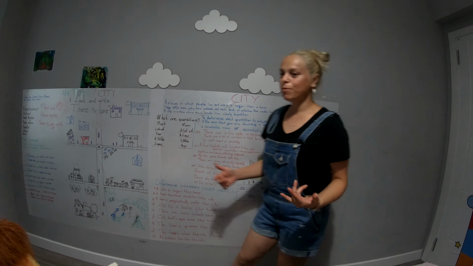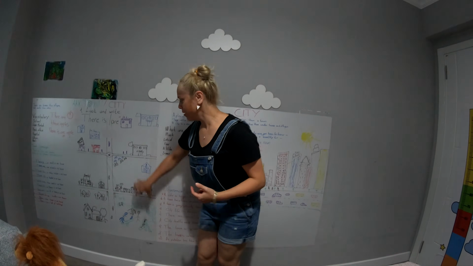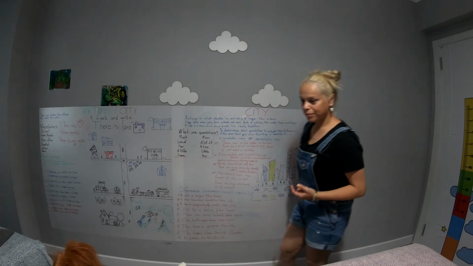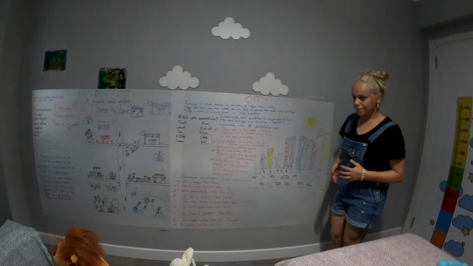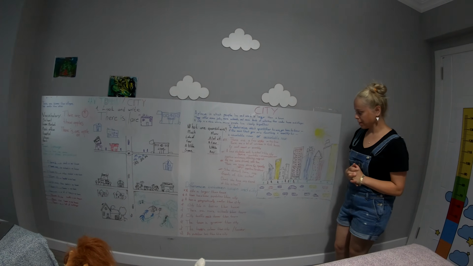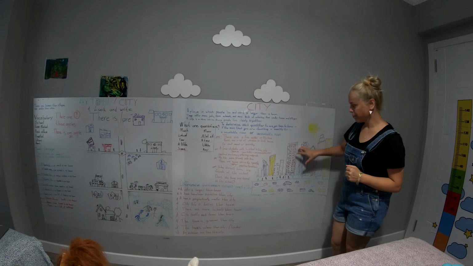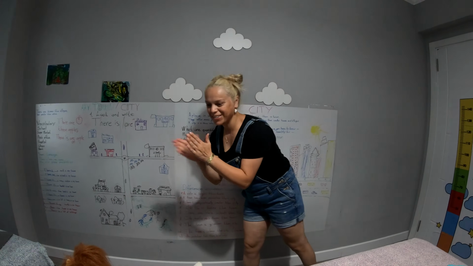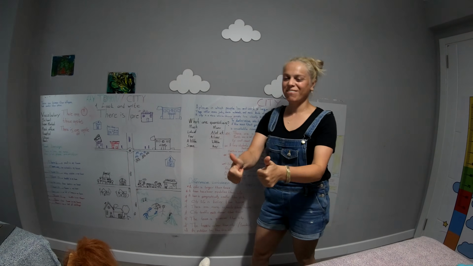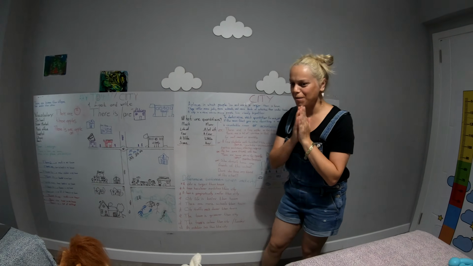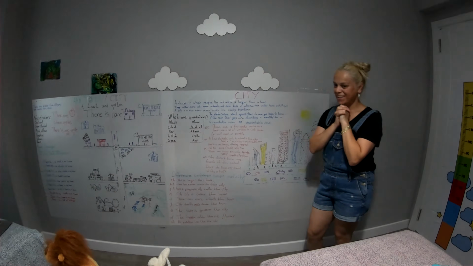So can you give me an example? Compare. Can you give me, for example? The city has higher buildings than the town. Very good. Yes, very good example. Can you give me one more?